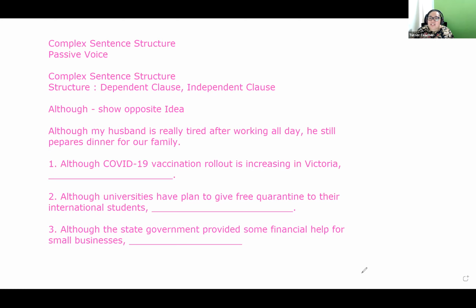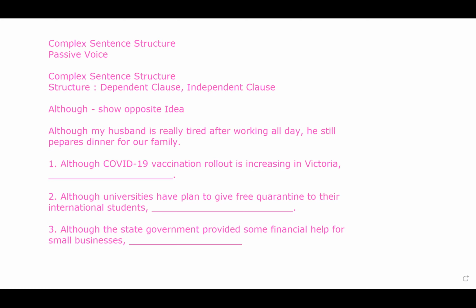Instead of injected, Elena, you probably want to use the word vaccinated or inoculated. Inoculated, okay, thank you, because I tried to think of a synonym. People are still afraid of the vaccine side effects.